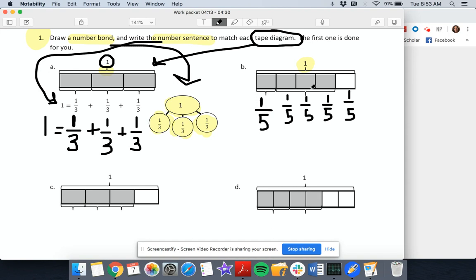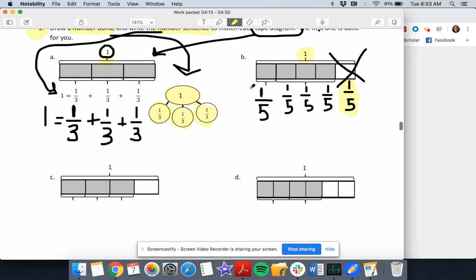But for these purposes, we just care about the shaded block. Okay? So I'm going to cross off this block just so I don't get confused right now. But be sure, math stars, that you include this block when you're doing your unit fractions. Okay, but after you figure out your unit fraction, you could ignore it, because it's not shaded in.